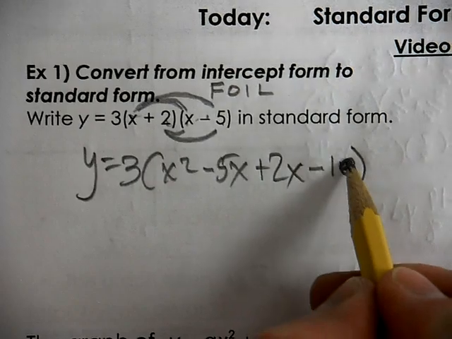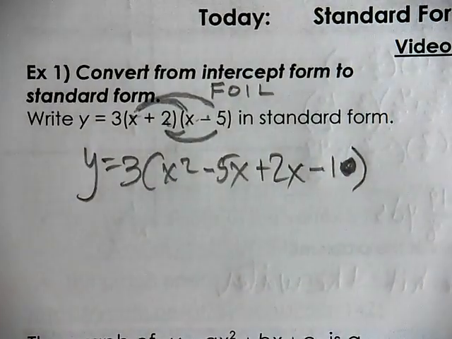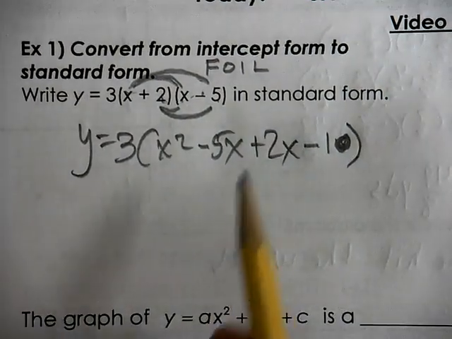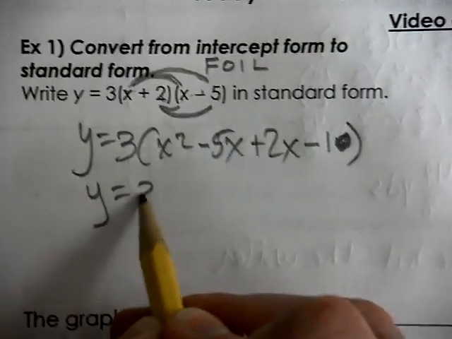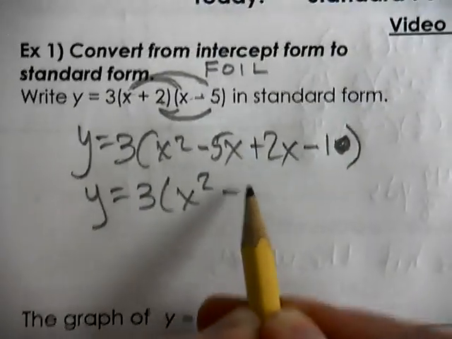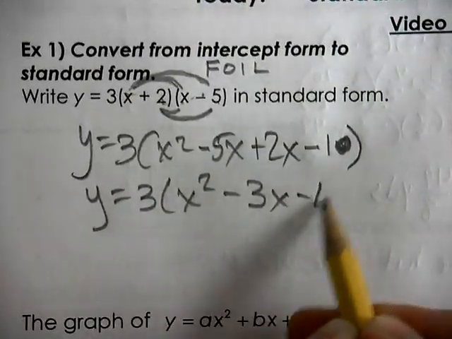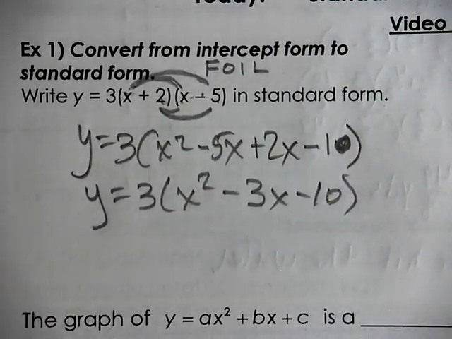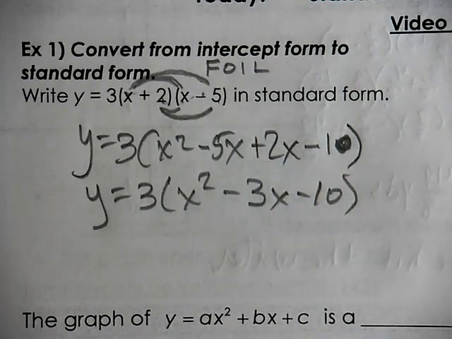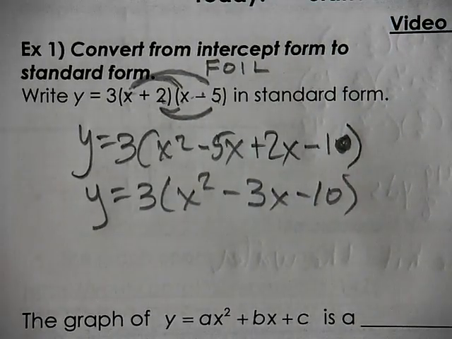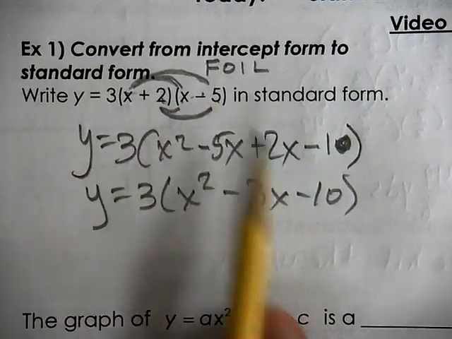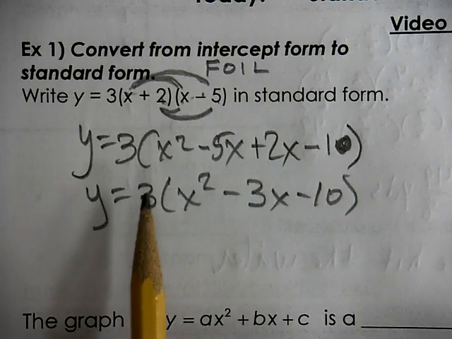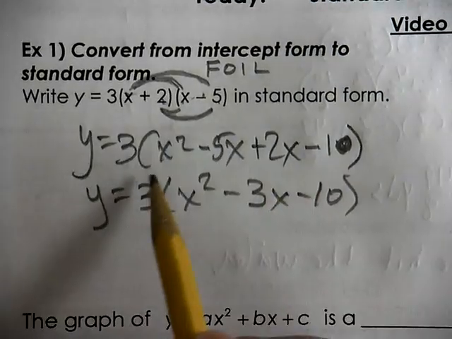If you notice here, you have like terms. Our like terms are our x's. So we can simplify this down still: x squared minus 3x minus 10. You can't lose the parentheses. The parentheses are still important. It's 3 times this amount. We multiplied it together. Now we're going to multiply it by 3.